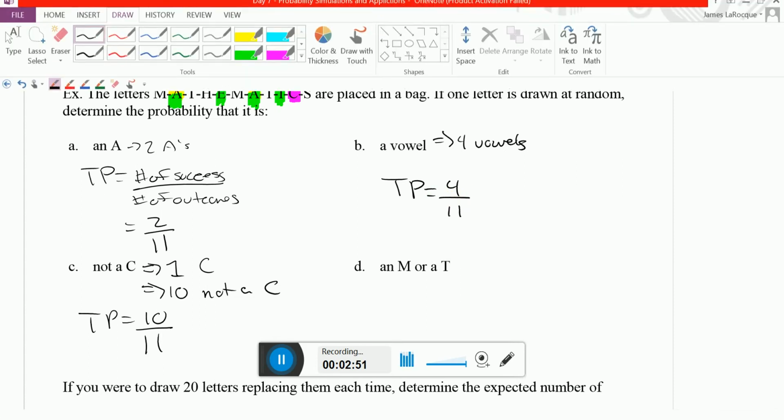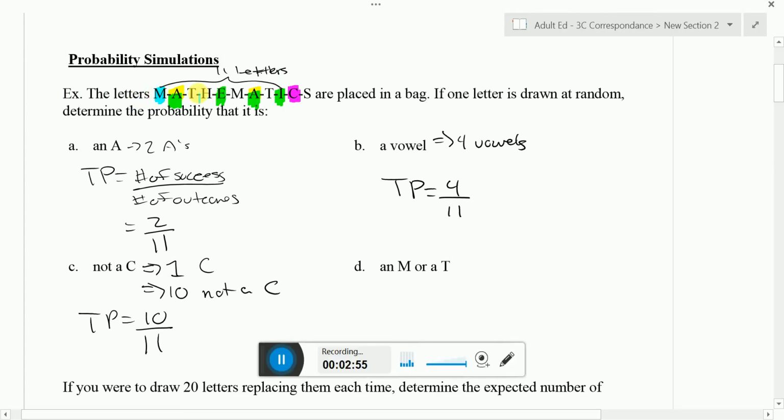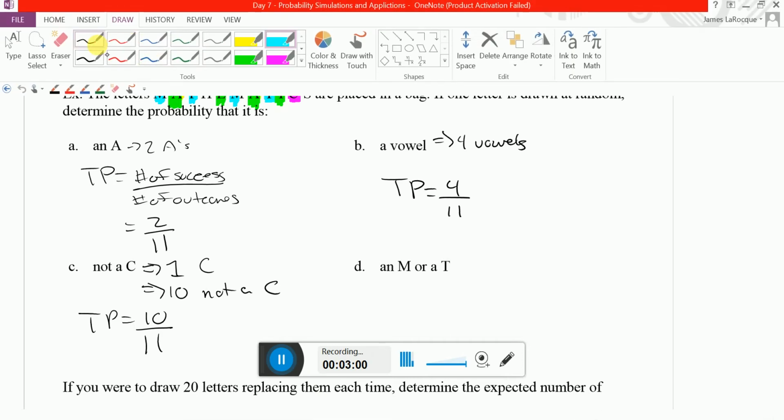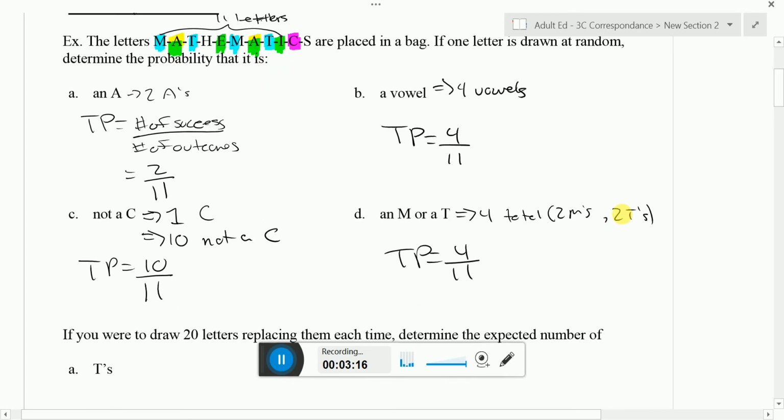And M or T is exactly what it sounds like, either an M or a T. There are 4 total: 2 M's and 2 T's. So again, the theoretical probability of this would be 4 out of 11. So that's what we looked at yesterday.